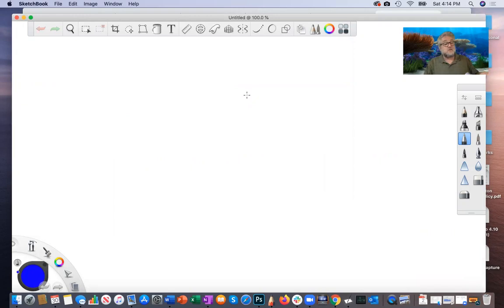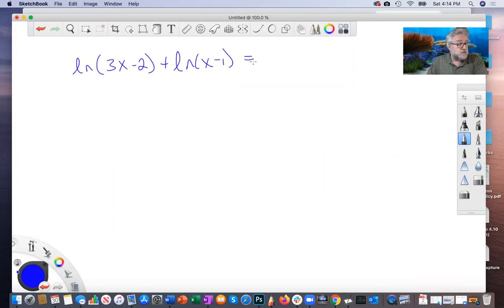Okay, these are my favorites. I love these kind. ln of 3x minus 2 plus ln of x minus 1 equals 2 ln x. And I'm sure you're thinking again, come on, Mark, how are we supposed to do that?